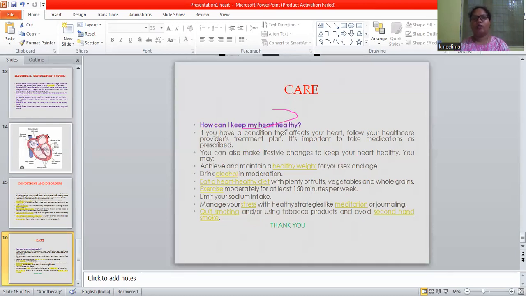First follow your health care provider's treatment plan and medications. You also have to change your lifestyle: maintain a healthy height and weight, drink alcohol in moderation, and eat a healthy diet. Exercise also, manage your stress, and meditation is very important. Don't smoke, it is also very important.